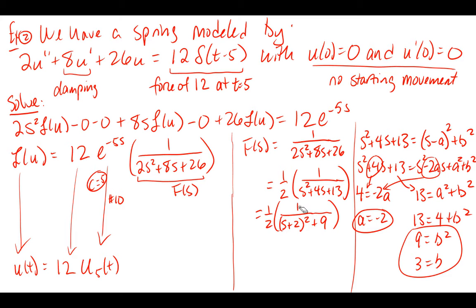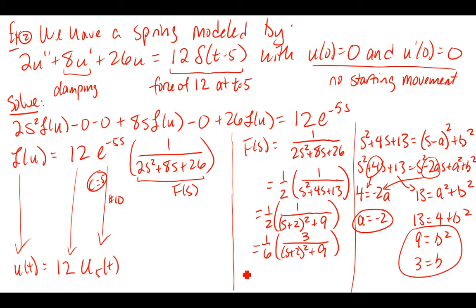So I need a 3 up here, which means I need to triple this. If I multiply by 3 on top to make a 3 appear, I can offset that by also dividing by 3. So I think I can get away with doing 1/6. Now I have a 3 on top, which I need, over this stuff. Okay, so that's big F of s.